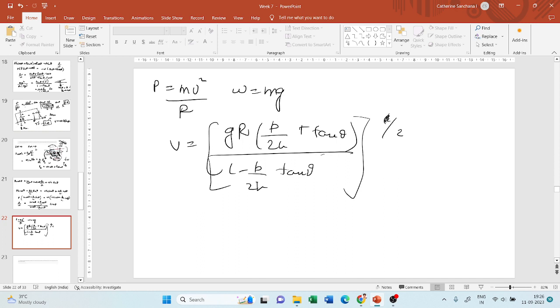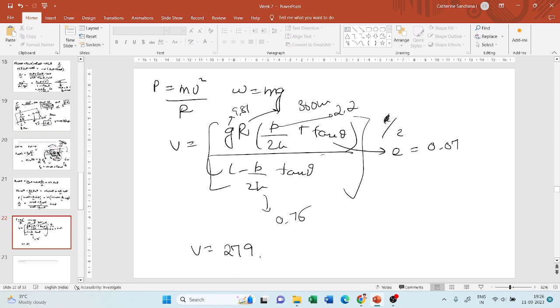Now what all is given? R is given as 360 meters, g is 9.81, B is 2.2, tan theta, which is e, is equal to 0.07, and H is 0.75. If you substitute all this, the value you will get is 279.96 kilometers per hour.